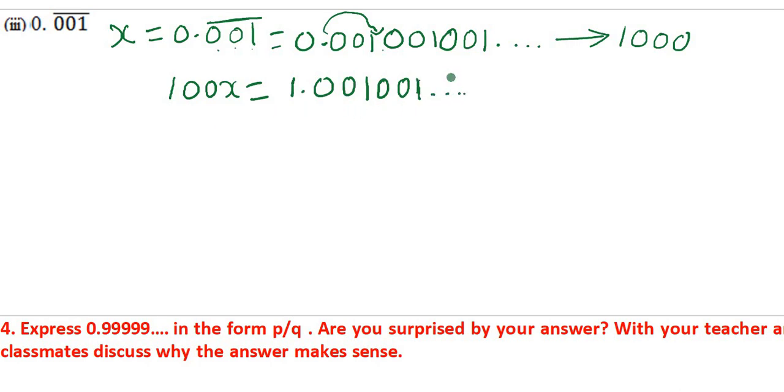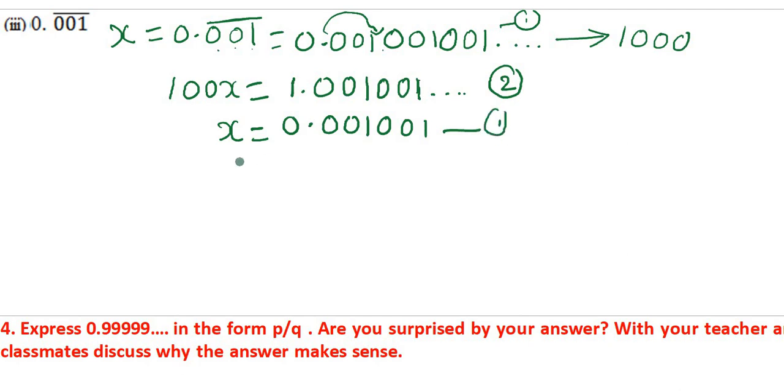So we need to subtract equation 1 from this equation 2. I wrote it in a simple way. Now what we can read here, 0.001 001 is equation number 1. Now subtract these two.